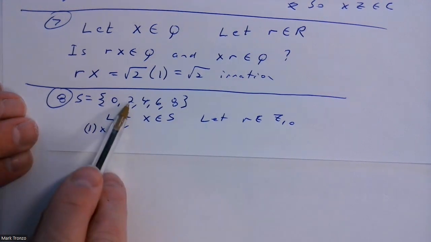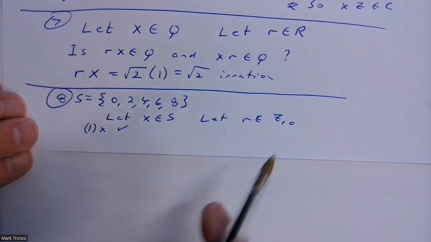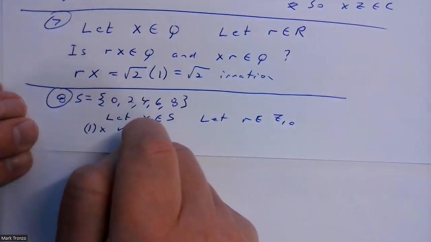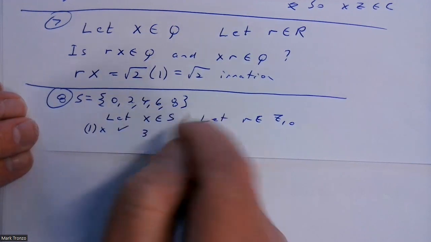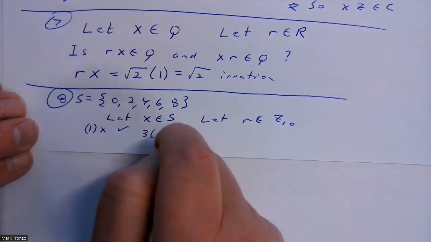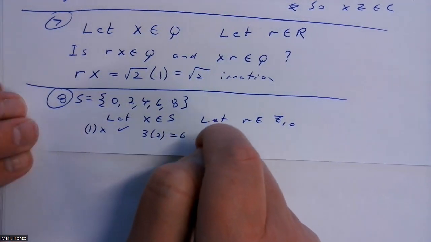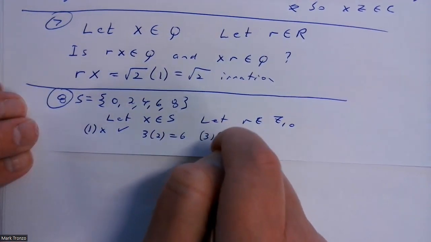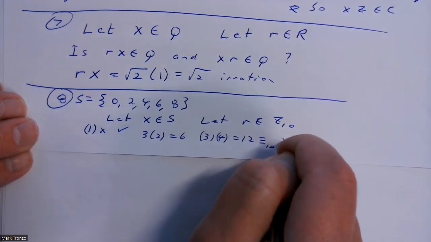So if we multiplied this by 2, we know they're going to be in it. So let's try another odd one. Let's try 3, 3 times each of these. 3 times 0 is going to work. 3 times 2 gives us 6. And if we took 3 times 4, that's going to give us 12, which mod 10 is going to be 2.